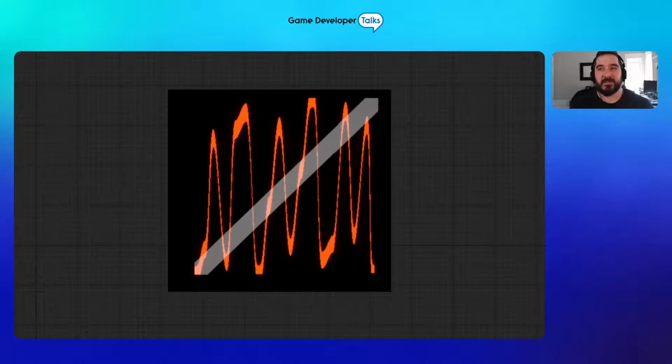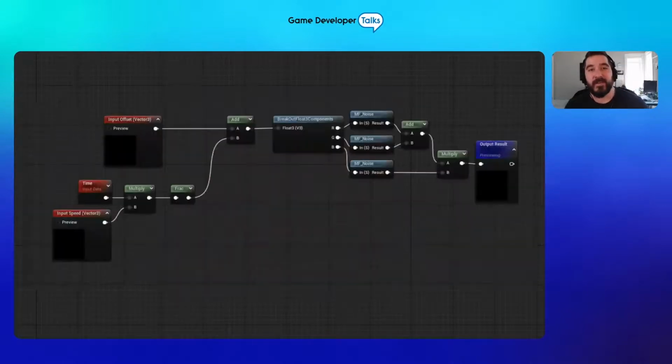I replaced each of those texture samples with just this little bit of math that uses sine and cosine and a smoothstep to create this curve. I will have a link for this available as well. I think it's really interesting. What that let me do is replace those texture samples with these 3 noise samples, and that ended up being less expensive within the broader context of that material.